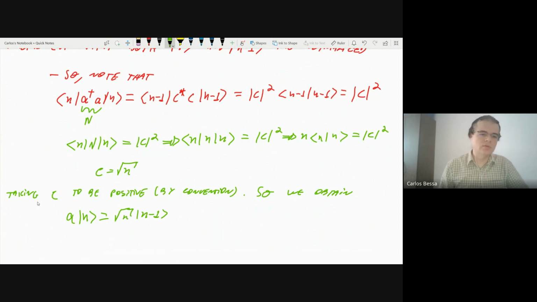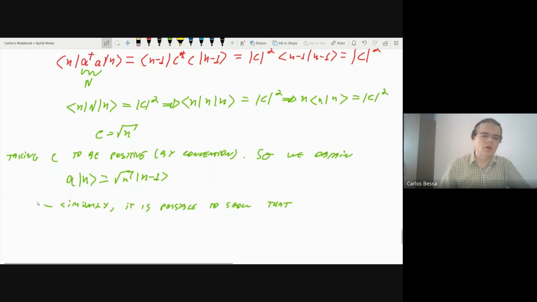And similarly, it's possible to show, using the same arguments as before, that n a dagger n is just 1 plus n a dagger n.